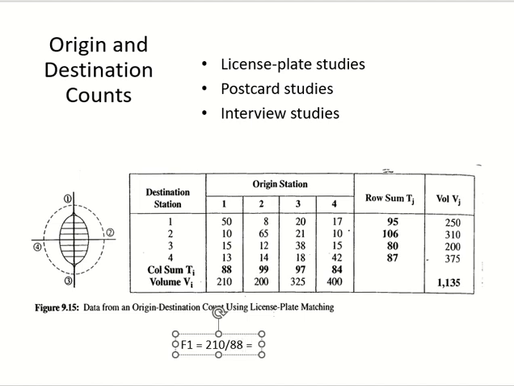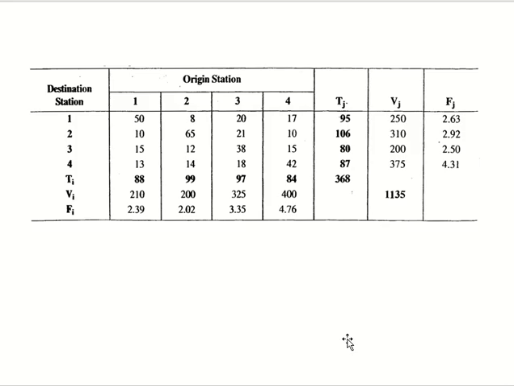So 210 upon 88 is my adjustment factor for the first column. If I want to do it for the first row, I'll call it F1 dash. What will I do? 250 upon 95. Clear? So for each row and column we will do this. So you see the factors over here.